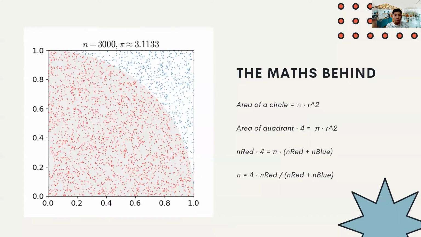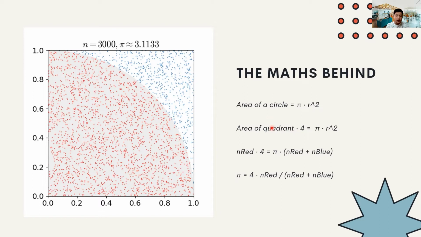Now, how is this relevant to finding pi? Let's jump to the mathematical basis of the algorithm. We know that the area of a circle is pi r squared. But since we only have a quadrant representation, it must be multiplied by 4 to get the full area of a circle. So the area of a circle was equated to the area of a quadrant multiplied by 4. Now let's represent this equation in terms of the number of blue dots and red dots.